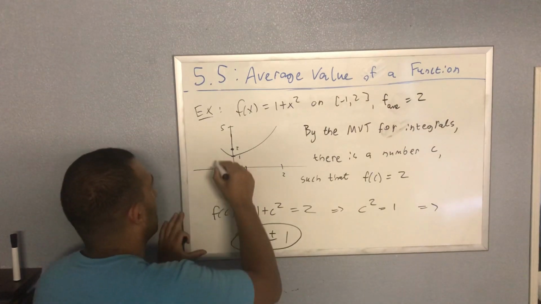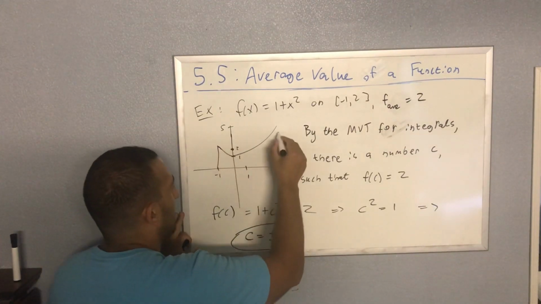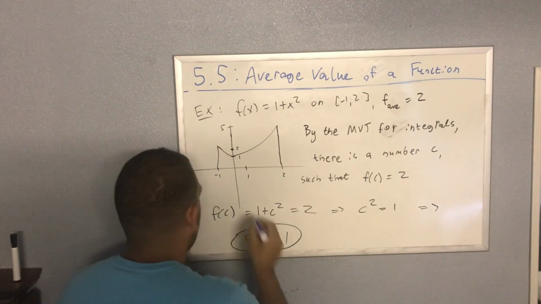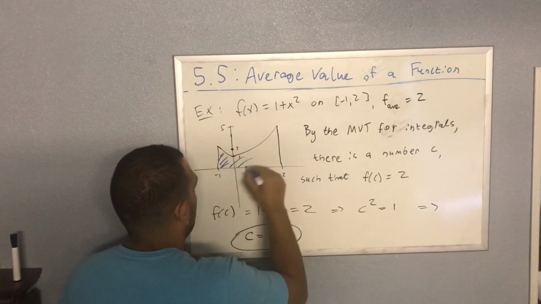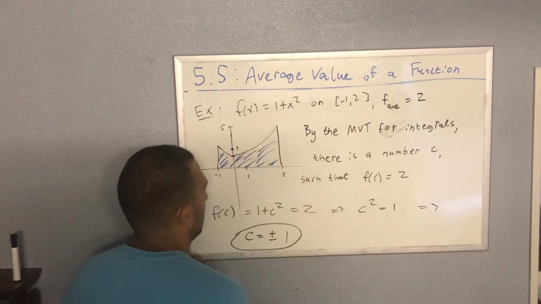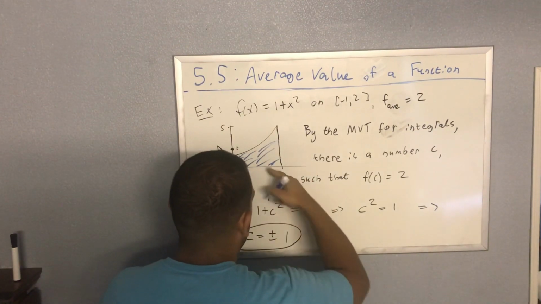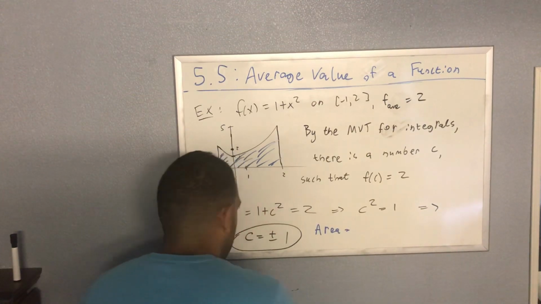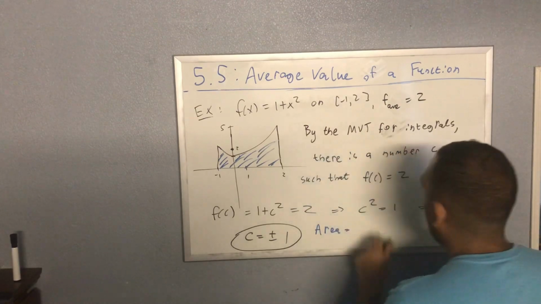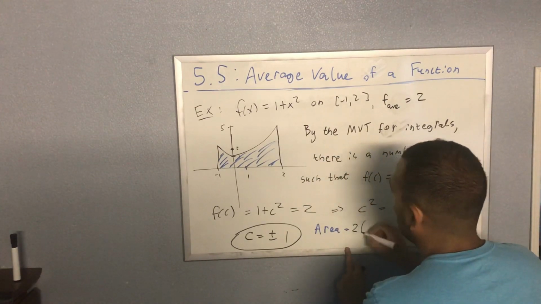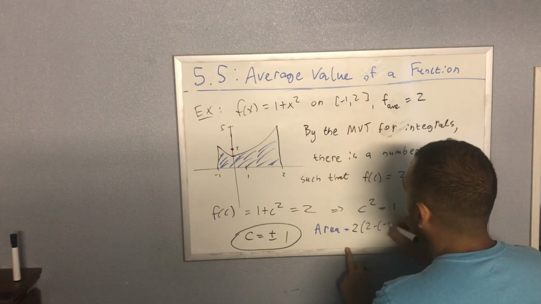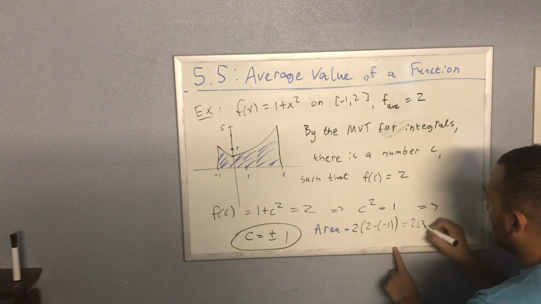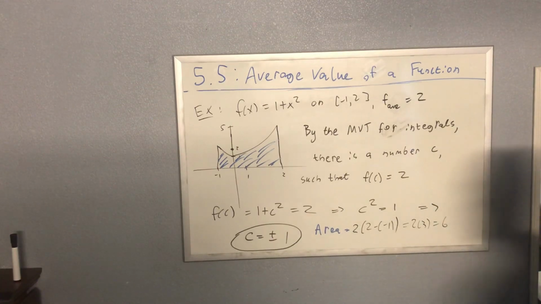So another interesting thing is that this area here, the whole blue area under the curve, is really just f of c, which is 2, times 2 minus negative 1, which is 2 times 3, which is 6.